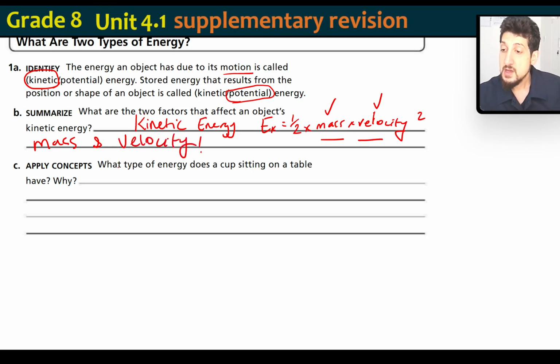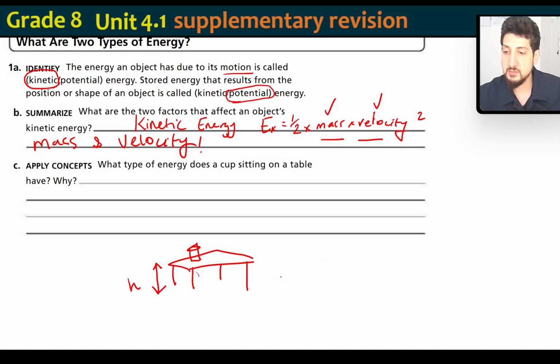Okay? Applying concepts. What type of energy does a cup sitting on a table have, and why? So here's the table. Oh, this is tricky to write on this. Here's a cup. So this cup obviously has some energy. How much energy does it have? Well, it depends on how high the table is.